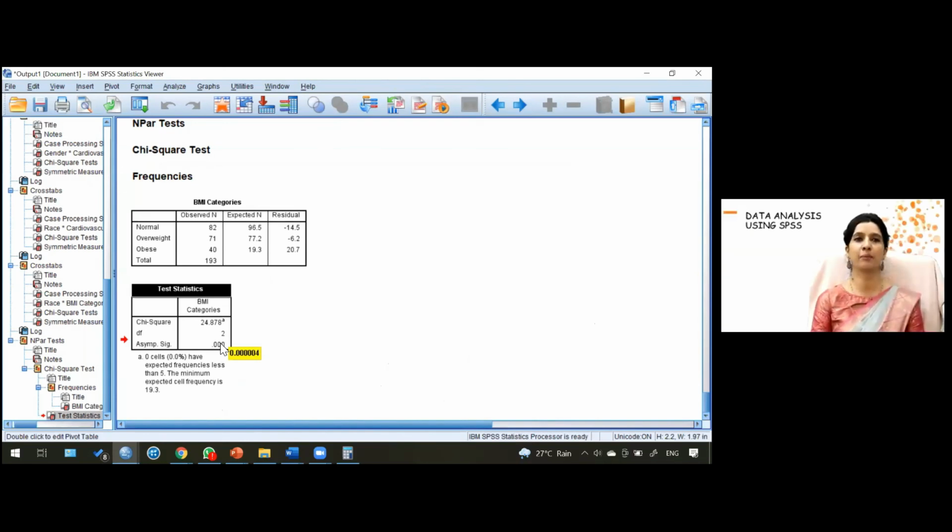So you may report it the way it is written, or if up to three decimal places it is 0.000, then you may write otherwise, because this p-value does not look that good. In that case, if the zeros exceed 30, then you may write less than 0.05, or 0.005, or 0.01, right?